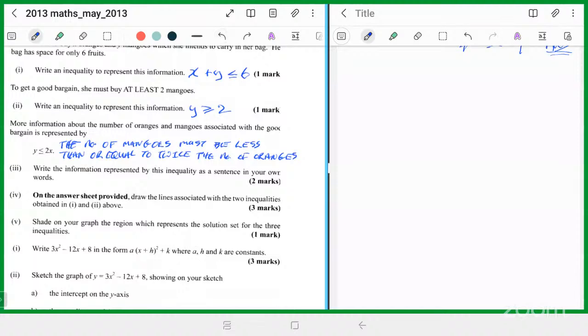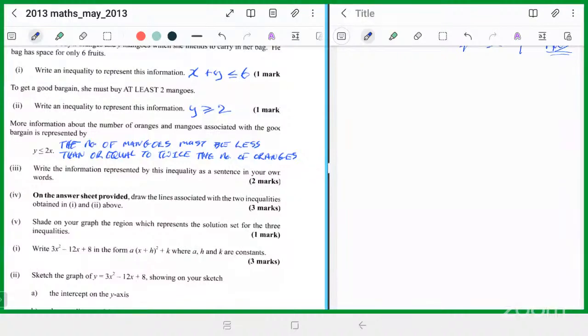It can't be more than twice or less. So the number of mangoes must be less than or equal to twice the number of oranges. That's it. Very good. You okay with that? Yes, sir.